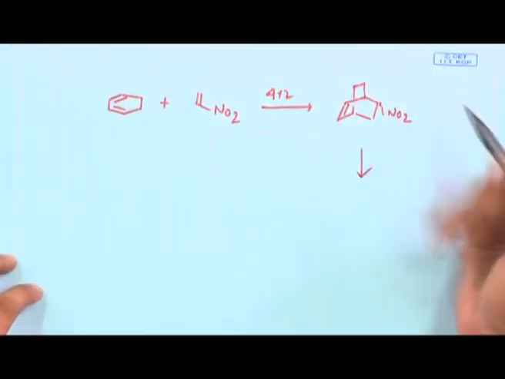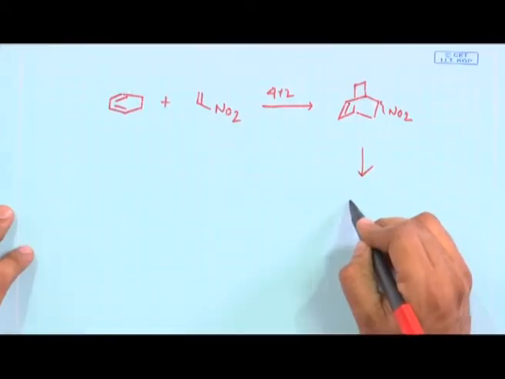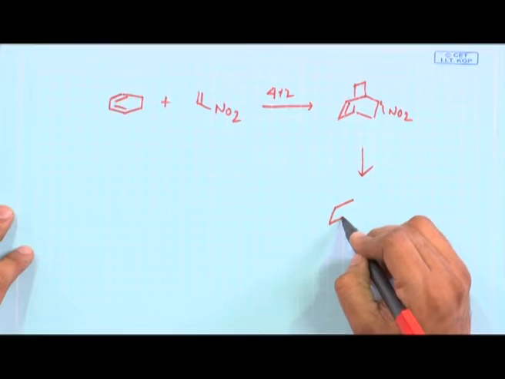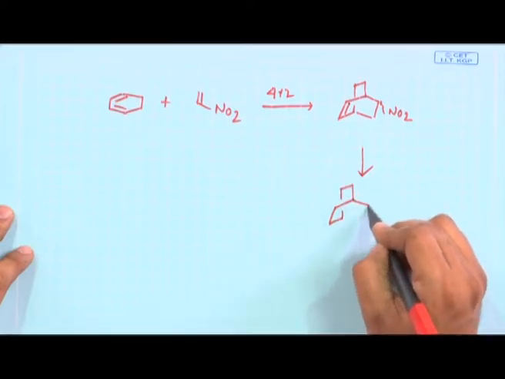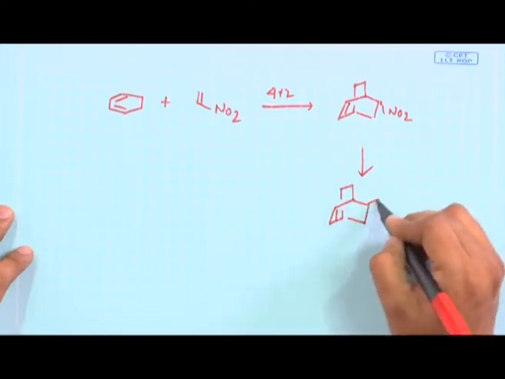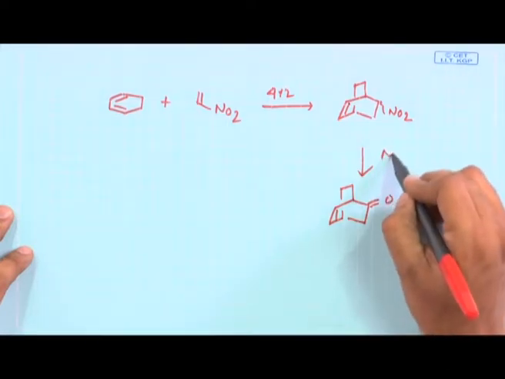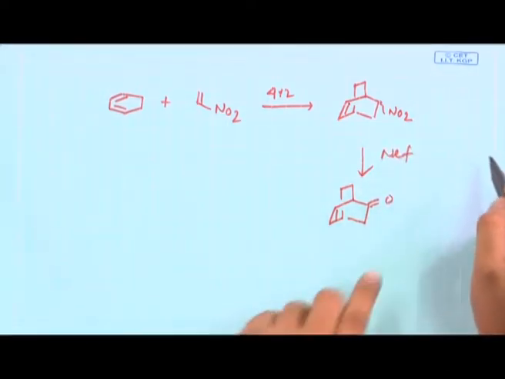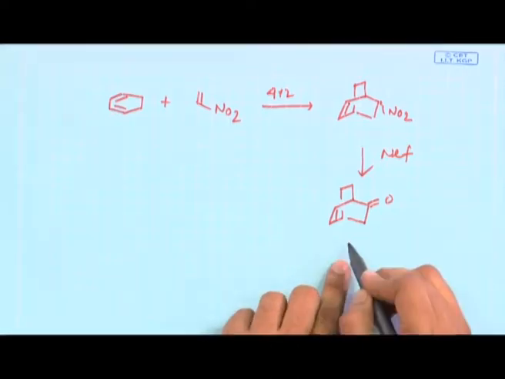Now, let me know whether you know this reaction or not. I am sure you know it, because we have talked about this reaction many times. So, if you just do a Nef reaction, you will be accessing this target.